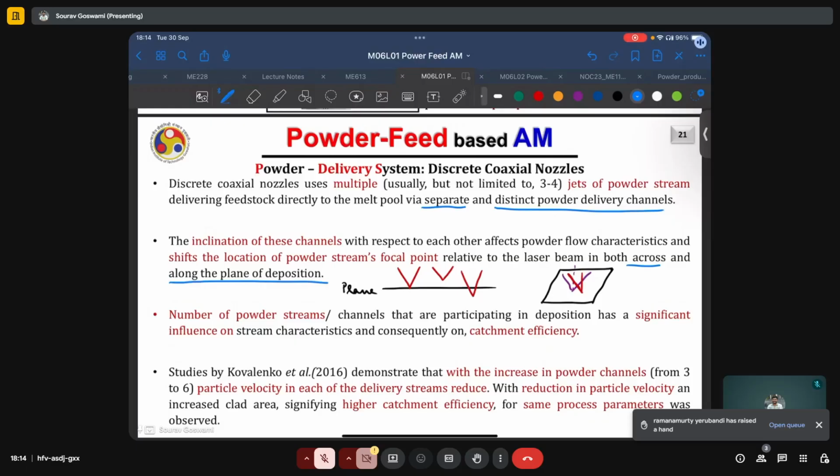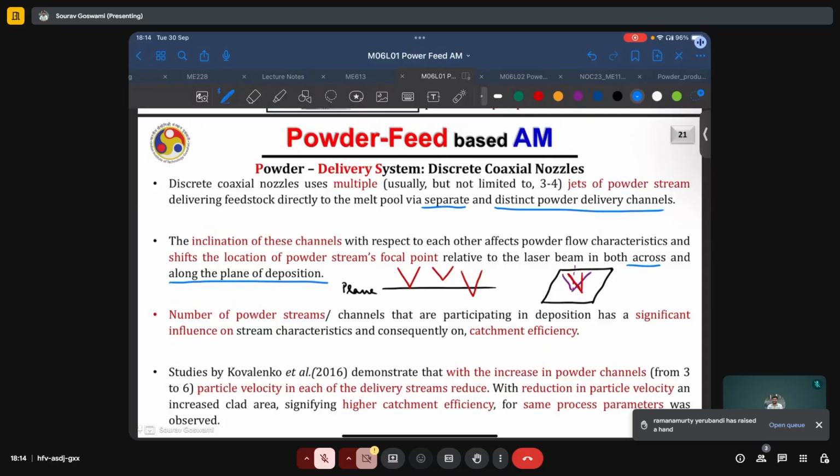The number of powder streams or channels which participate in this deposition process has significant influence on stream characteristics and also on the catchment efficiency. Catchment efficiency is a parameter which we'll be defining formally in the upcoming slides, but it's an efficiency term. So it will be a ratio of, say, the ideal or total quantity compared to the used or the usable quantity.